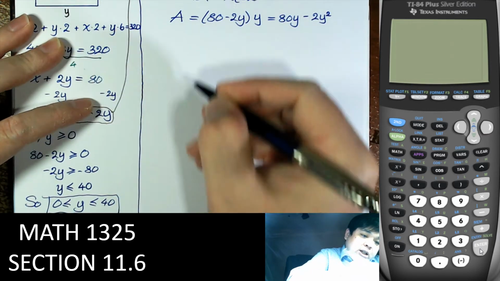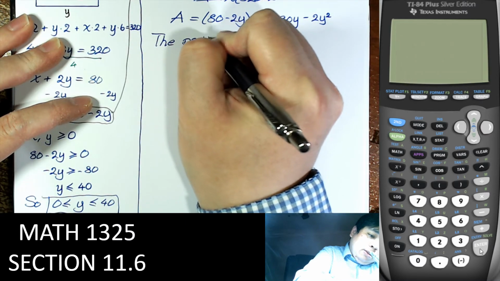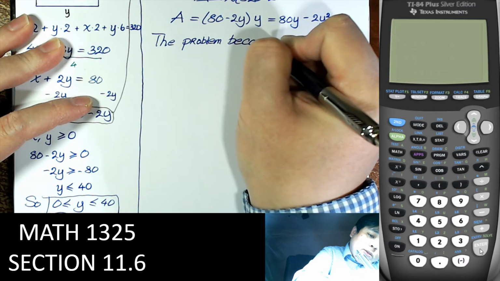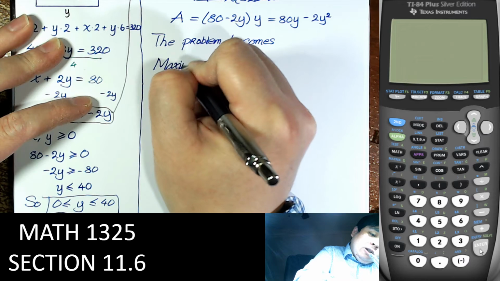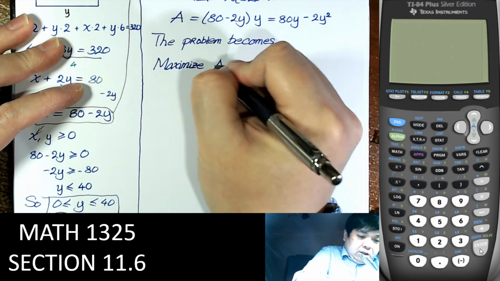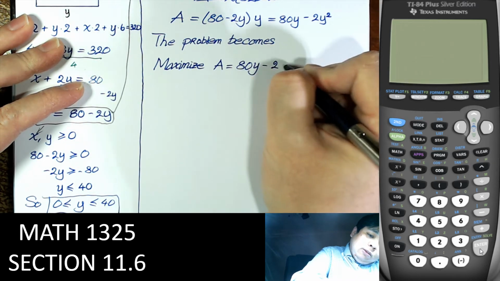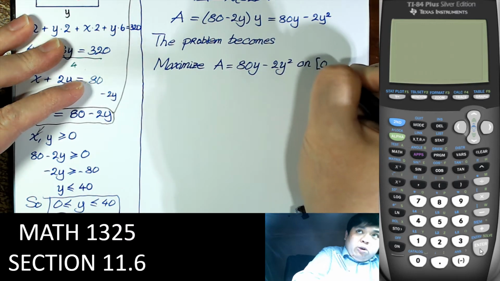So the problem becomes: maximize the function 80y minus 2y squared on the interval from 0 to 40.